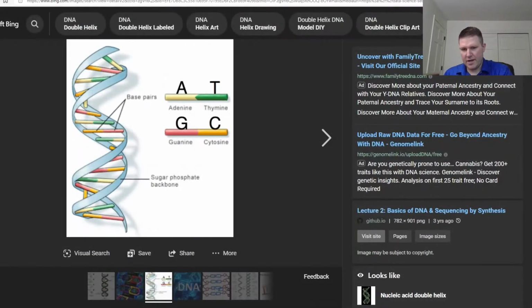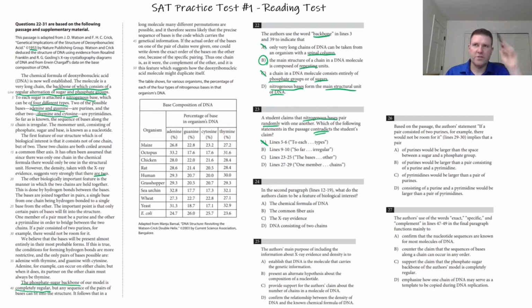That just means that on one chain here, so one side of this, like adenine, guanine, thymine, guanine, cytosine, on one side of the chain, it's totally irregular, meaning it doesn't repeat, okay? So that's just one strand of DNA and the nucleotides that are appearing there. It doesn't have anything to do with how the nitrogenous bases are pairing with one another across the chain, right? Like between the two blue strands, if you will. So no, this doesn't work either.